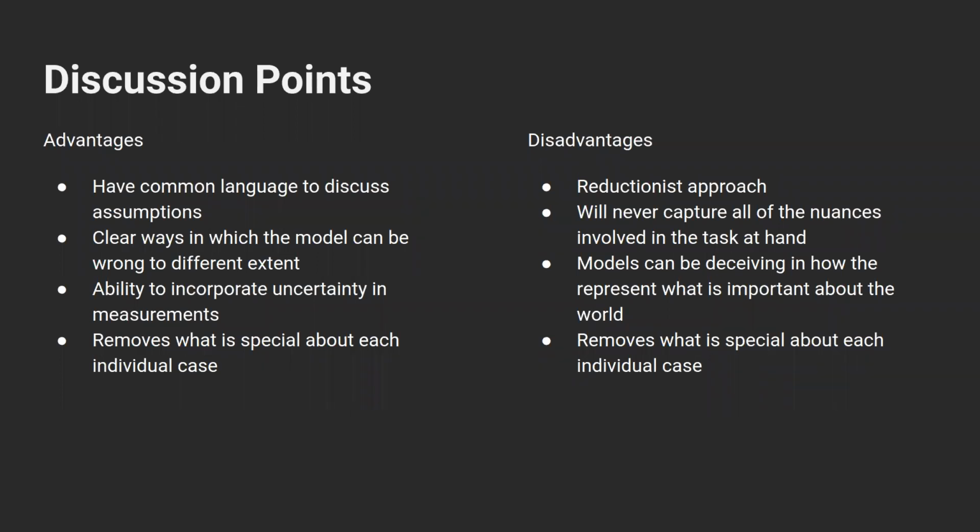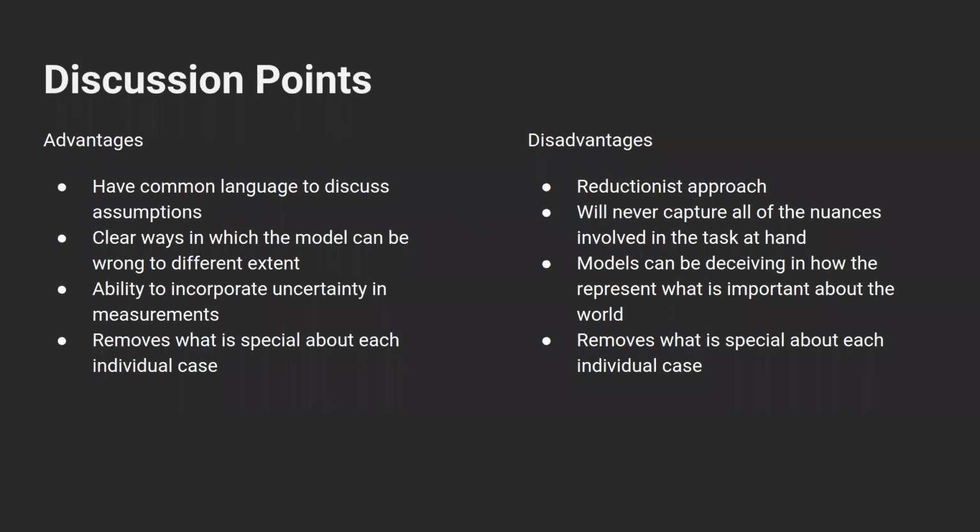There are clear ways in which the model can be wrong to different extents. So we can say, hey, if I put this one number in, it's quite helpful and it's good at approximating the data that I have, which we'll see in this lecture. But this other one isn't helpful at all. Or whenever I put numbers in, it completely gets it wrong. So it's a way to formalize the ways that we can be wrong. So it allows us to be falsifiable.